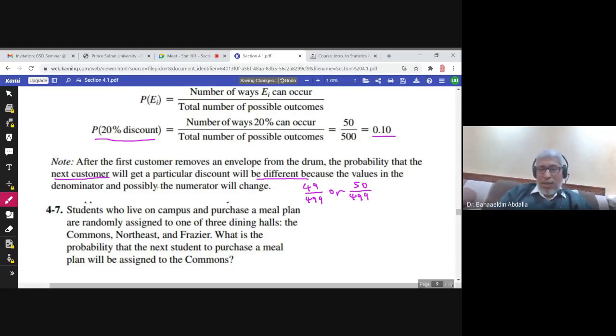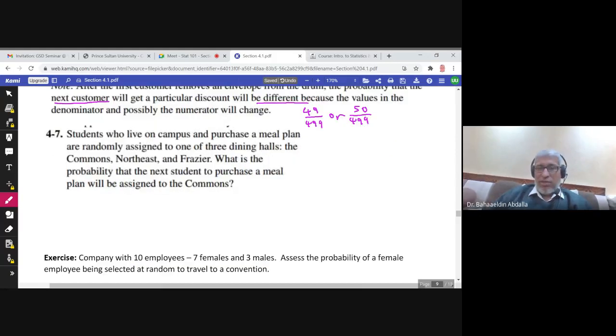Another question: students who live on campus and purchase a meal plan are randomly assigned to one of three dining halls. So there are three dining halls: Commons, Northeast, and Fraser. Three dining halls, C, N, and F, let us say.